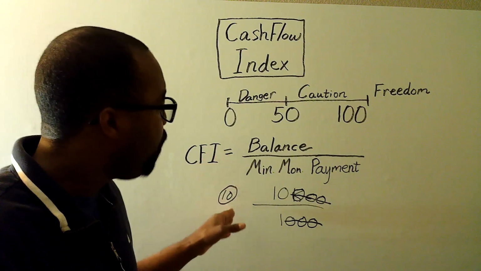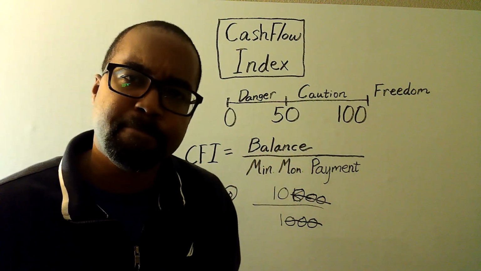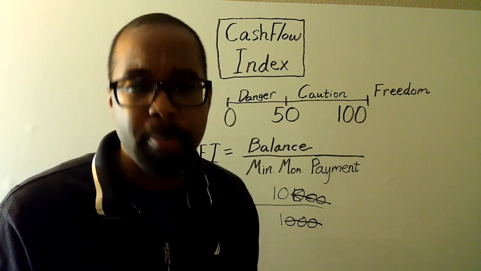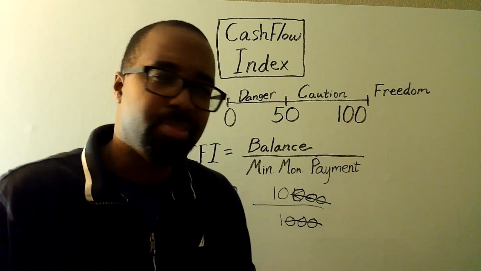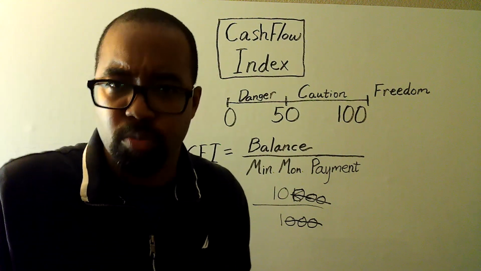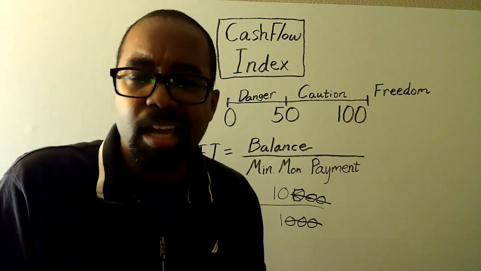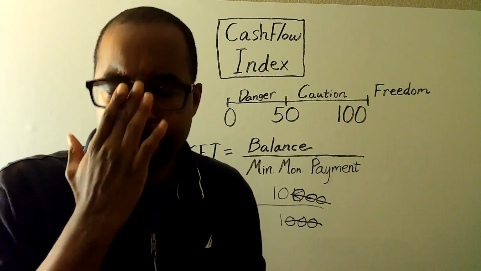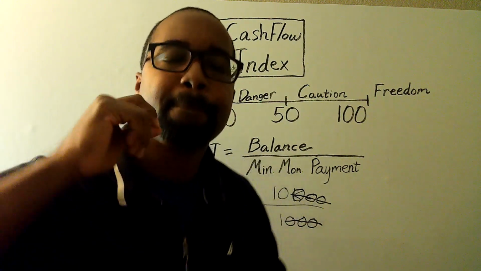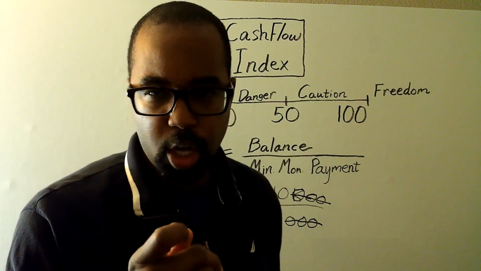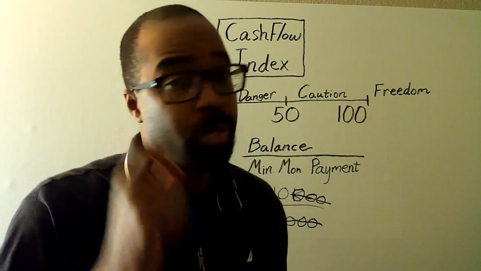If it falls between 0 and 50, for any loan that you have, and you can do this formula right now as you're watching the video, then we want to eliminate that loan as quick as we can.